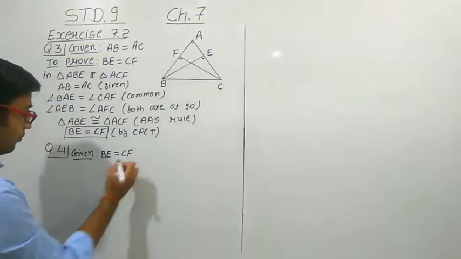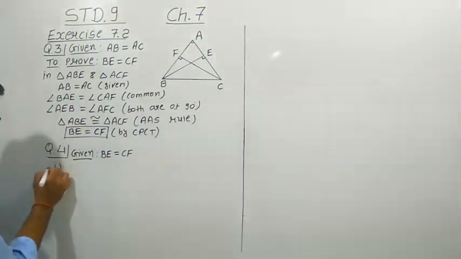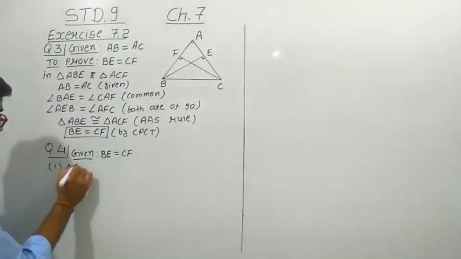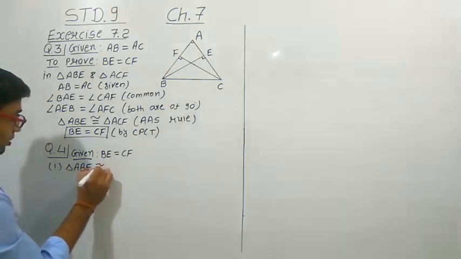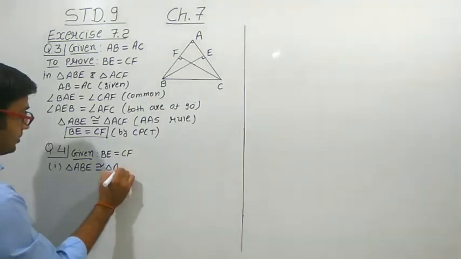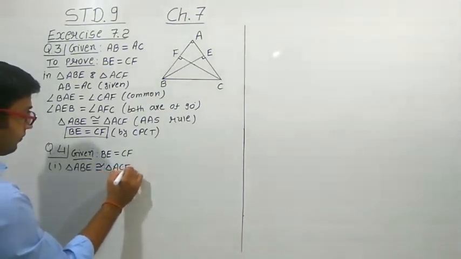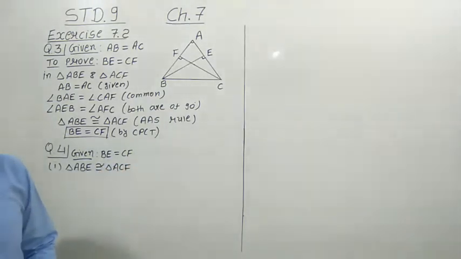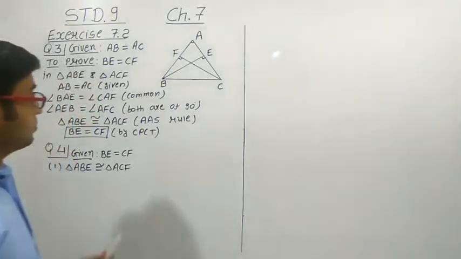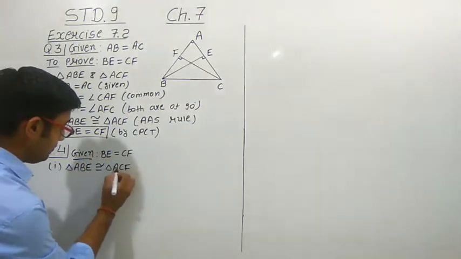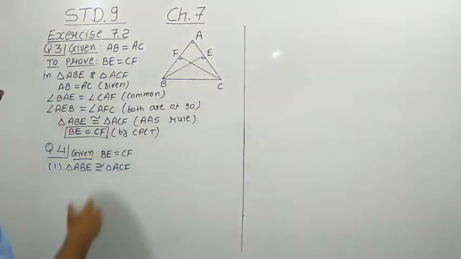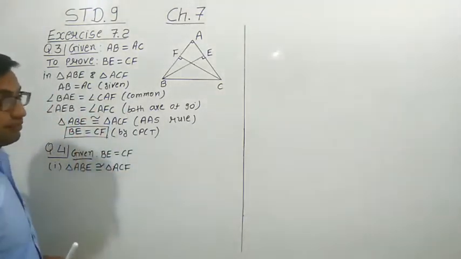So first of all we have to prove the first thing is that triangle ABE is congruent to triangle ACF. Right? This condition we have to prove. So see, let us take these two triangles that we have taken here, ABE and ACF.